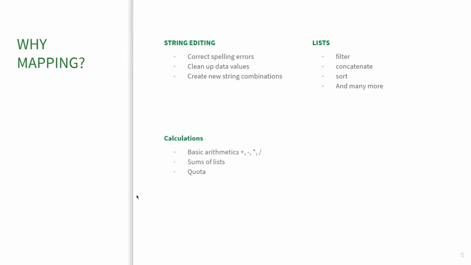We can, of course, also do calculations, basic arithmetic like adding, subtracting, dividing, multiplying. We can sum up lists. We can calculate quotas between values. So any kind of modification of the data you upload to our system that is necessary before you can use the data in your output content, you can pretty much do with our mapping expressions.